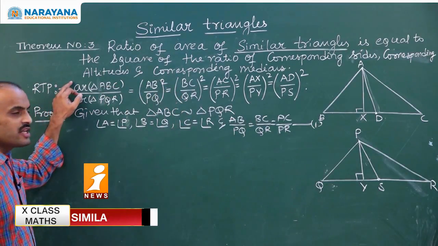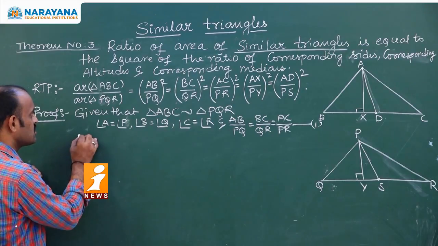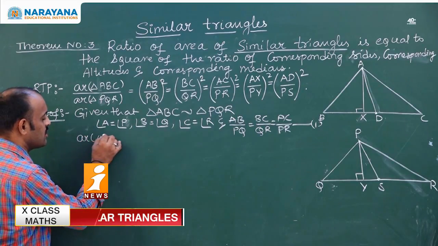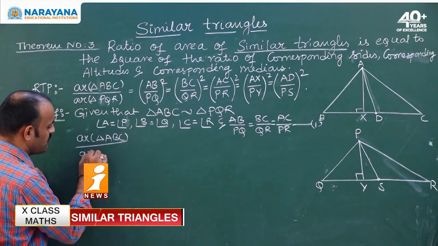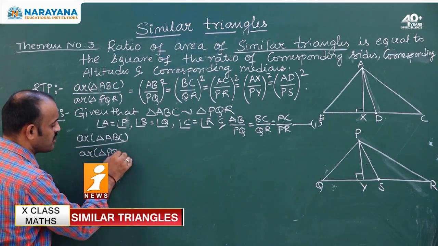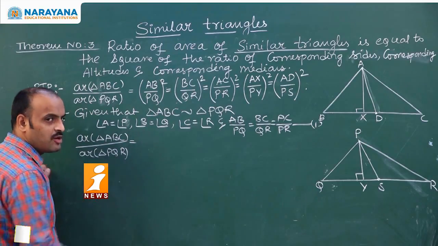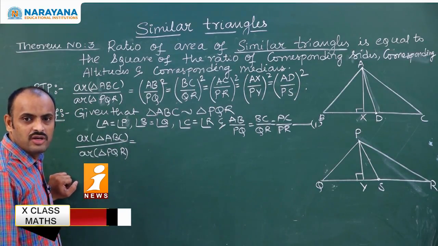He is asking to find the ratio of the areas, area of triangle ABC by area of triangle PQR. What is the area of a triangle formula? Half into base into height.